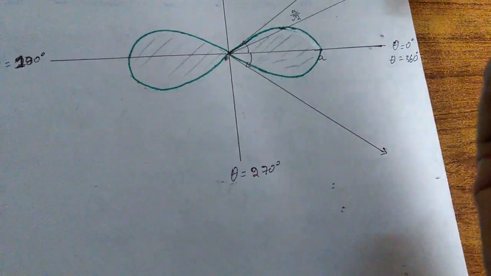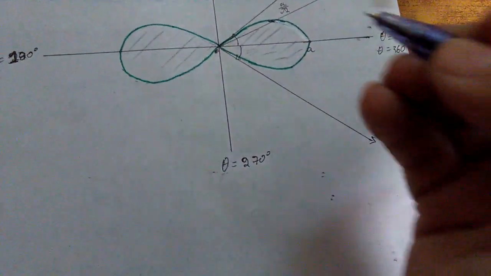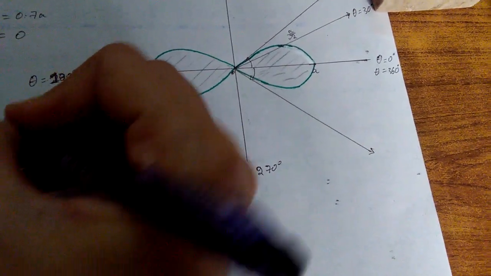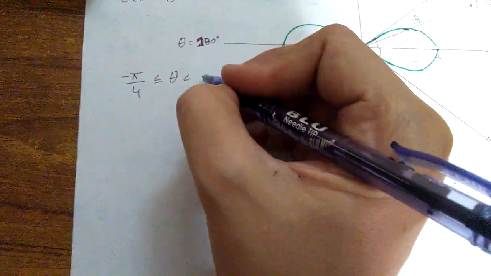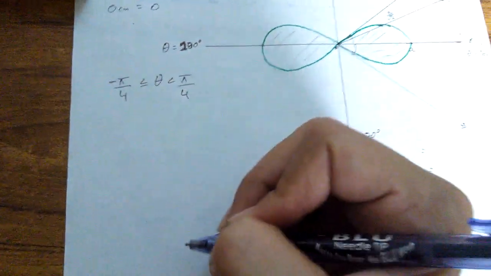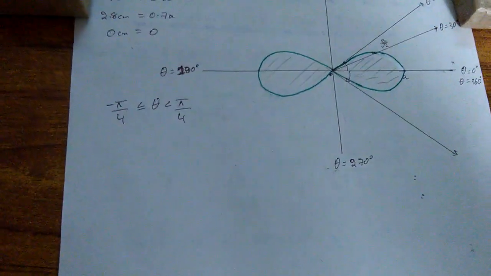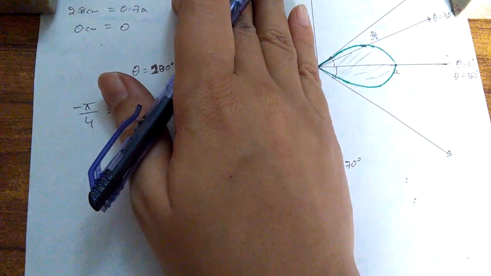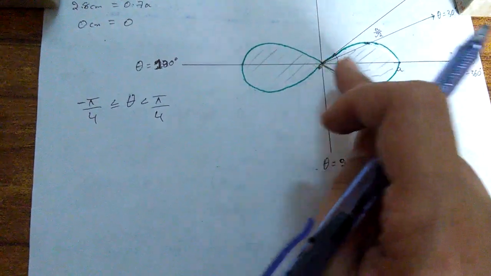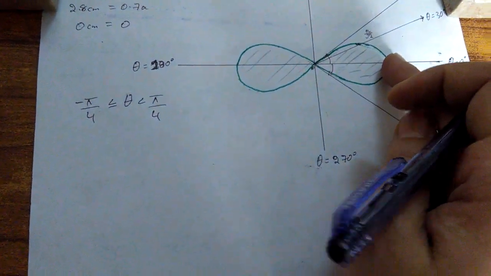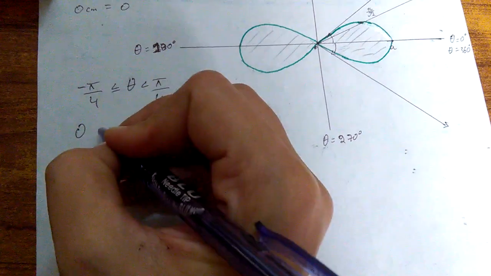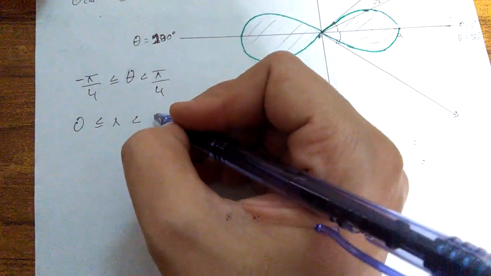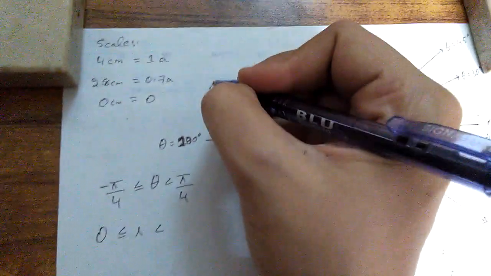So the range of theta is going to be from minus pi by 4 to positive pi by 4. As far as the value of r is concerned, if I focus on this petal, r starts from the pole up to this curve, and the curve definition is the equation of the lemniscate.